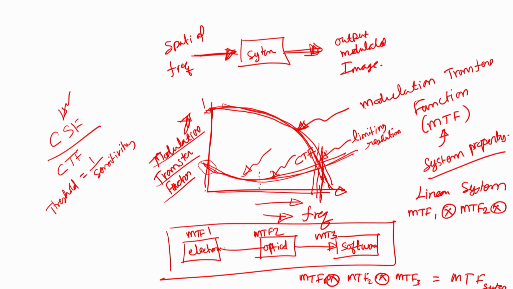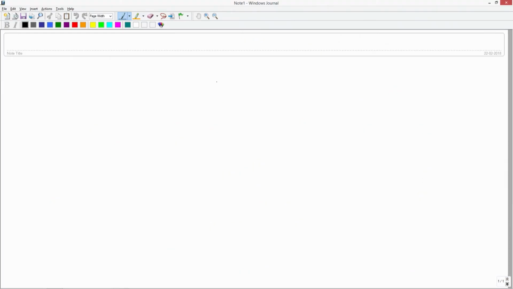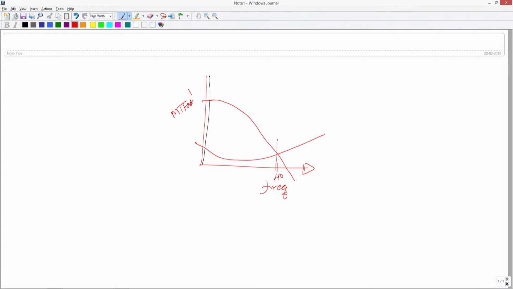Now let us look at one of these CSF curves. It is mentioned that about 40 cycles per degree is where the limiting resolution happens. This is the modulation transfer factor, and this is the threshold.